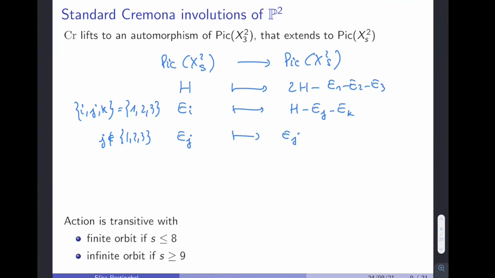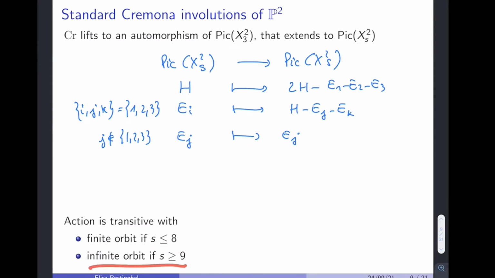So this defines an action of these Cremona transformations on the Picard group. And I can keep applying these Cremona transformations by choosing different points to base the Cremona transformation on. And then one can see, I will say a little bit better later, that the action is transitive. There's only one orbit, and up to 8 points, I have a finite orbit.